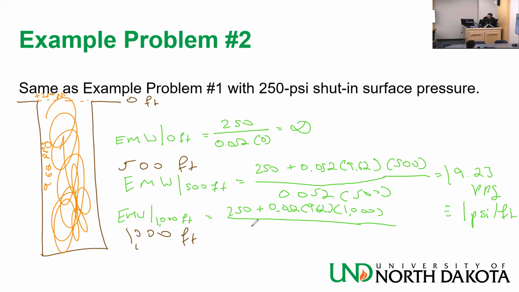And then the bottom is 0.052 times 1,000. Now on the surface, on the numerator, you have 500 plus 250, so it's 750. At the denominator, you have 0.052 times 1,000. What is this number going to?